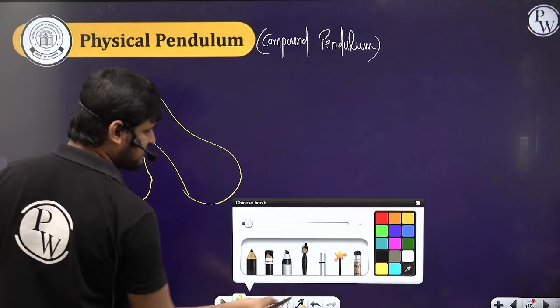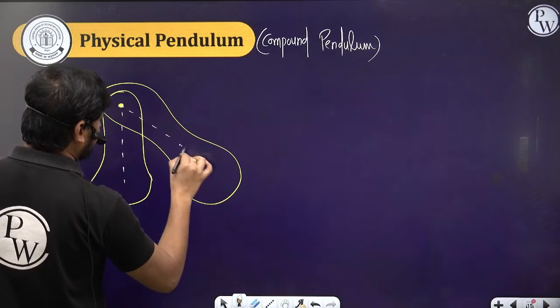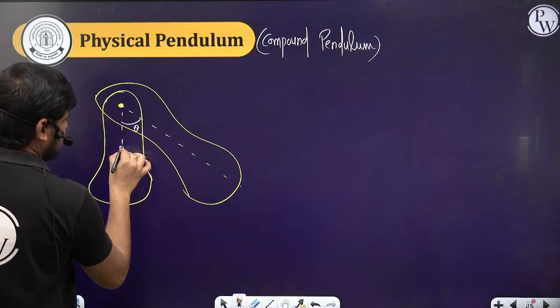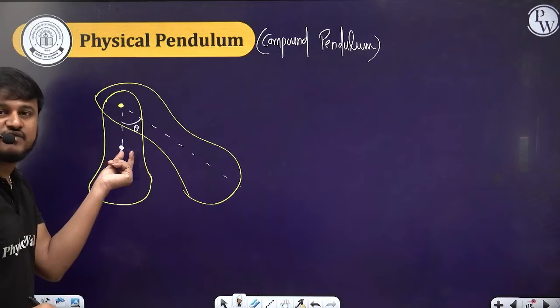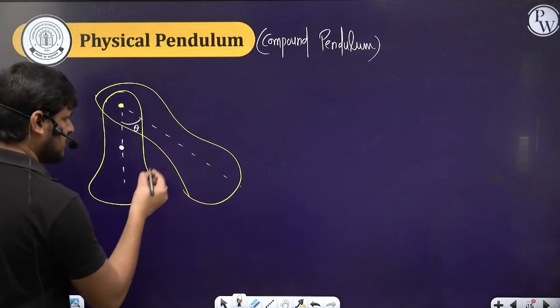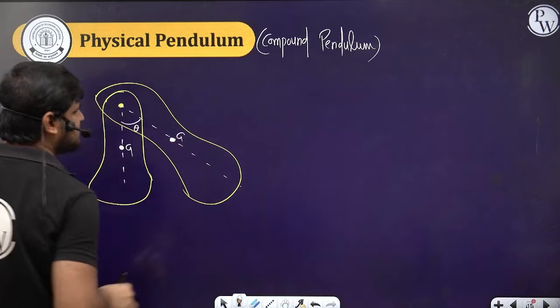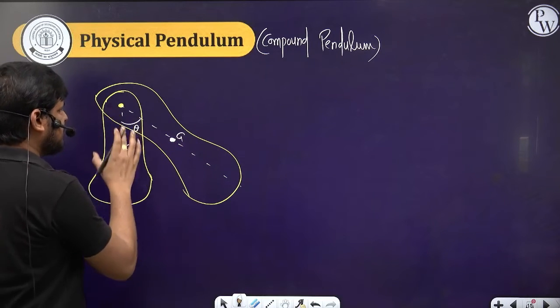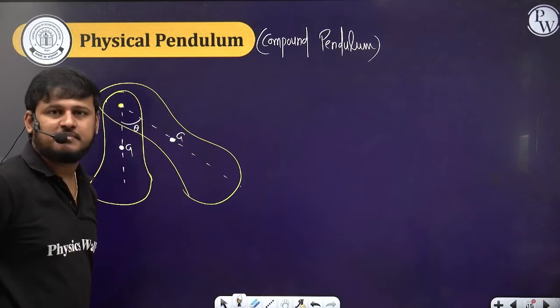So the body is displaced by an angular displacement theta. This is the center of gravity, or center of mass, you can consider. Let's say this is a point G. This is the mean position, and now the body is displaced slightly from the mean position.